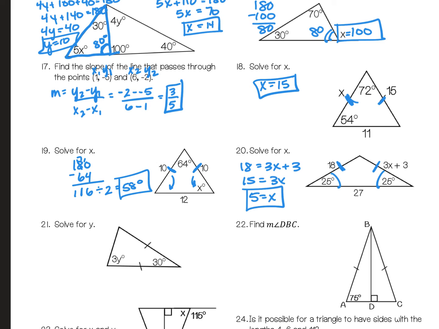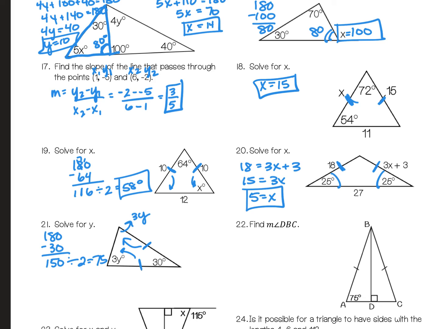On 21, we know that the two sides are congruent, so then these base angles are also congruent. So this little angle right here, that's also 3y. And so just like the one above it, if I take 180 minus 30, that's 150 degrees, and that has to be split evenly among the two remaining angles. So 150 divided by 2 is 75.